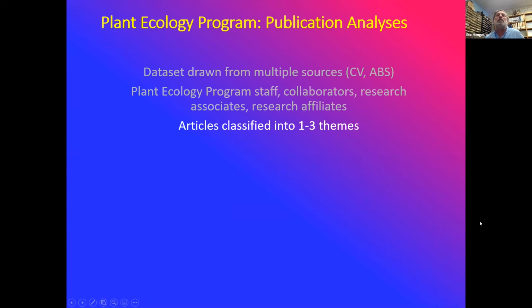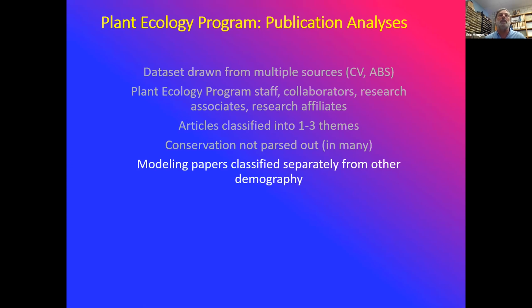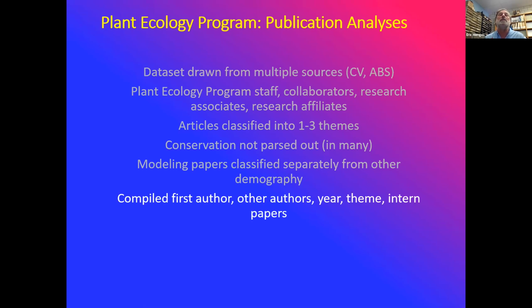I classified the articles into 1, 2, or 3 of the themes that I had up on the previous slide. I don't have a theme for conservation because it's probably part of 90% of the articles. I classified papers on demographic modeling separately from demographic papers that don't involve modeling.